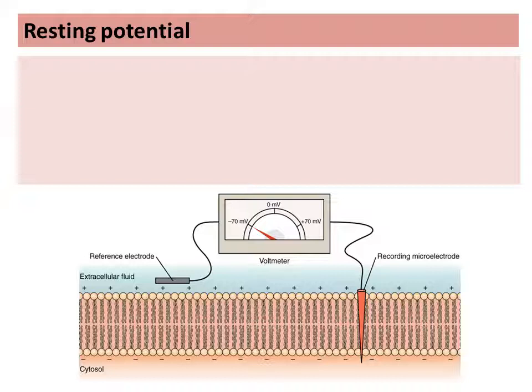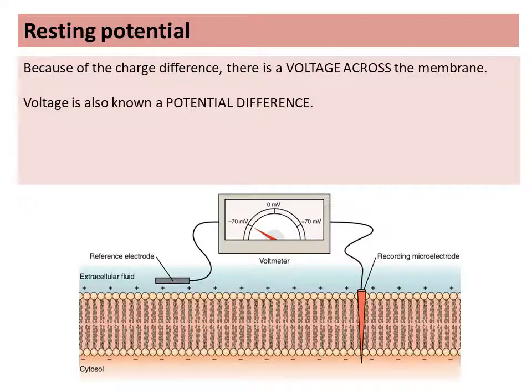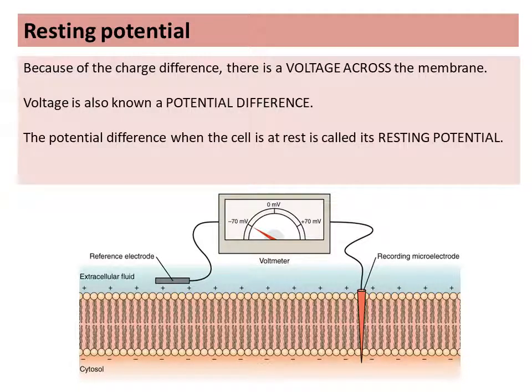So if we have a look at this diagram, what we can see is we've got a microelectrode, and that microelectrode has been inserted into the membrane, and it's able to read the potential difference or the voltage that is created across that membrane. And this voltage, as I said earlier, is referred to as a potential difference.